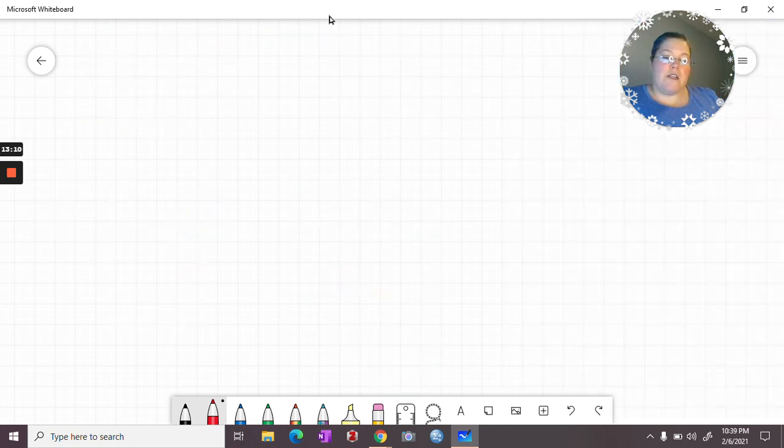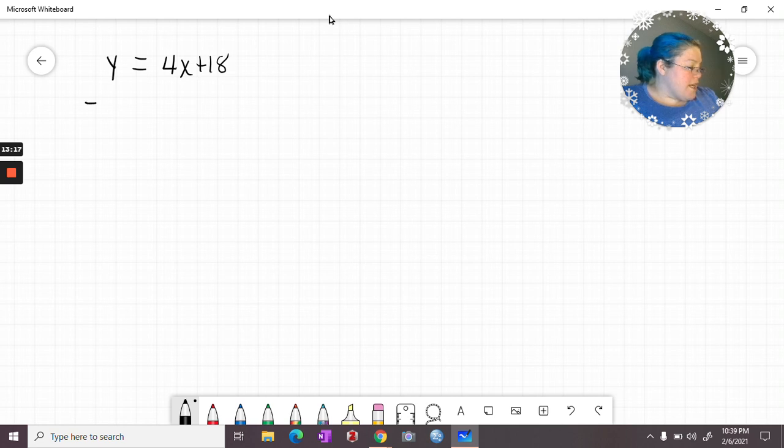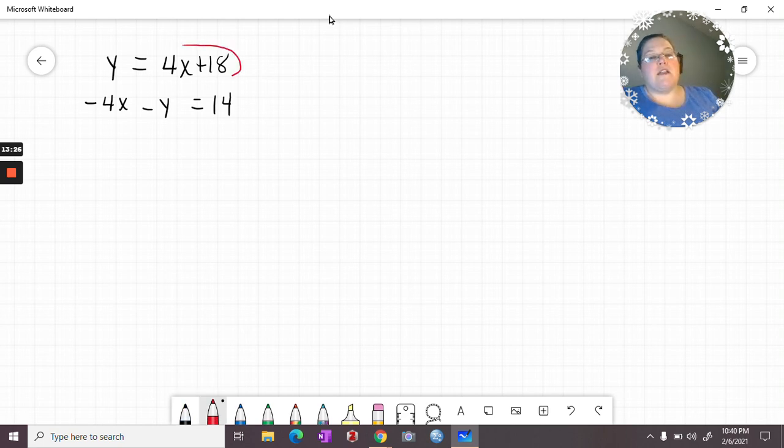And we are going to look at the system y equals 4x plus 18 and negative 4x minus y equals 14. And then I'm going to again look at this slope-intercept form, and I've got my y here and here. So we are just going to replace.